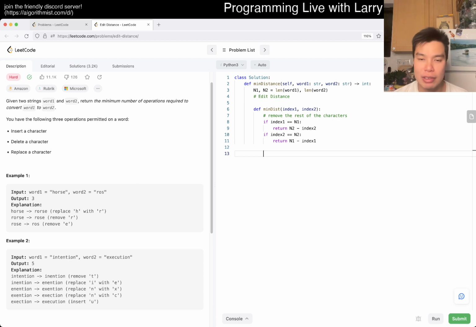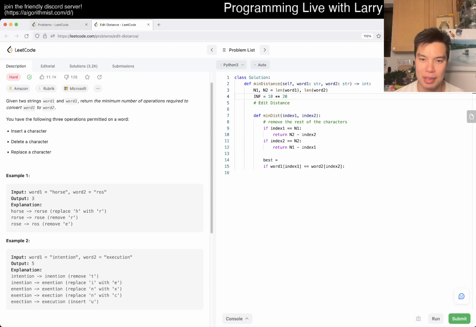Okay, cool. So now we can get to the point. If word one of index one is equal to word two of index two, then let's say best is equal to infinity.